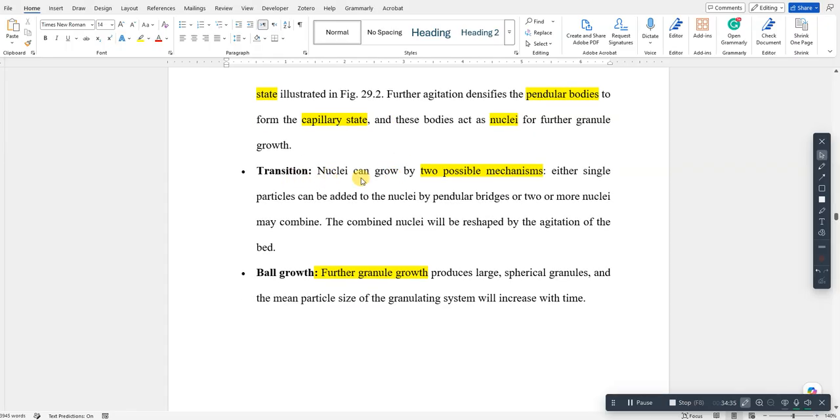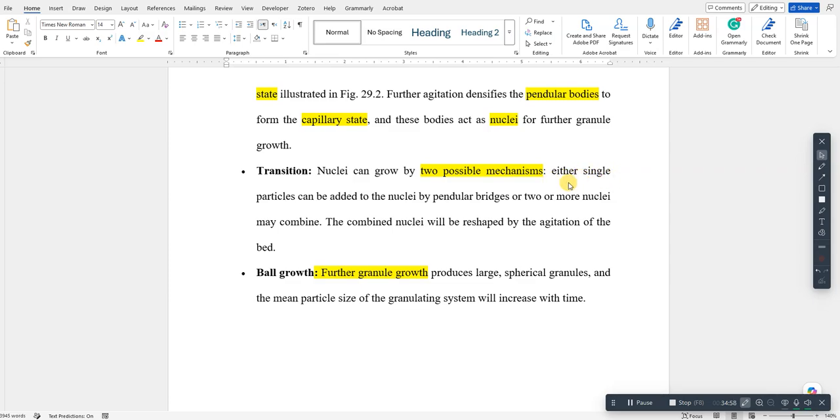Transition is when you have 2 nuclei coming and joining each other. This can happen by pendular bridges, where when 2 nuclei join each other, they will become bigger. We call it transition stage.